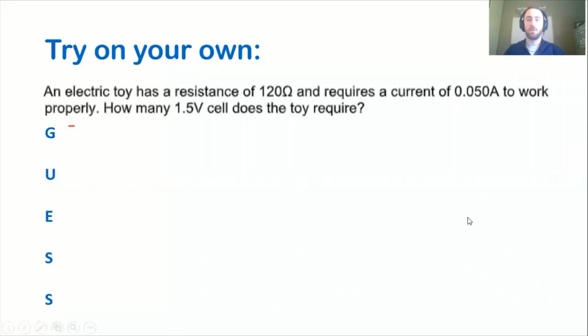So in this question, what is given to us? Well, an electric toy has a resistance of 120 ohms and requires a current of 0.05 amps to work. How many 1.5 volt cells does the toy require? So our given is 120 ohms, our resistance.